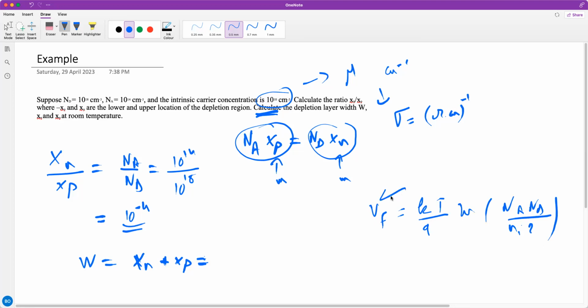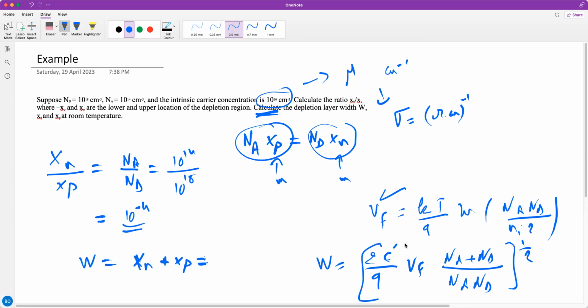If you calculate the built-in potential, you can easily calculate the width. Remember that the width is 2 epsilon over q times the built-in potential, times NA plus ND over NA ND, all to the power of 1/2. Epsilon will be given, the built-in potential you calculate from here, and NA and ND you have.